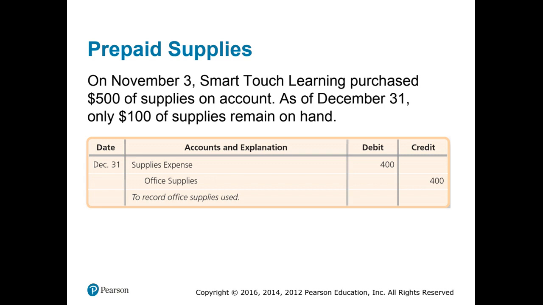So it says office supplies are also accounted for as a prepaid expense. Looking at another example, on November 3rd, Smart Touch Learning purchased $500 of office supplies on account. Then on December 31st, our unadjusted trial balance still lists those office supplies with a $500 debit balance, but Smart Touch Learning's December 31st balance sheet should not report the office supplies of $500.